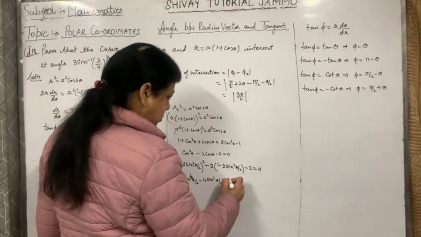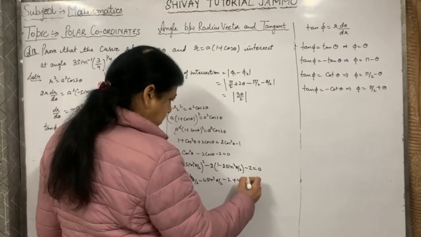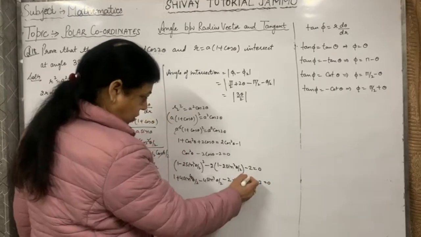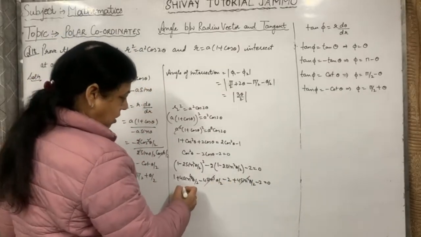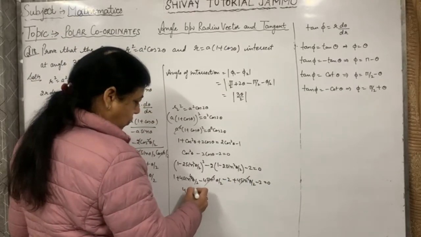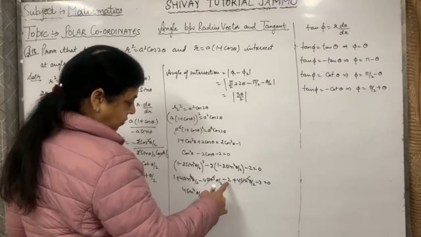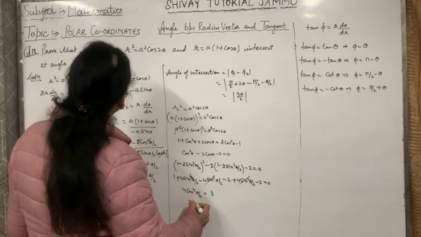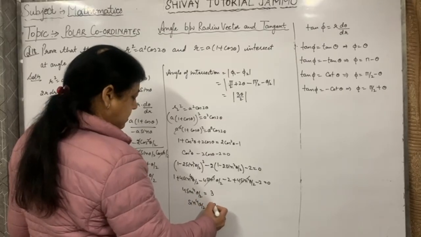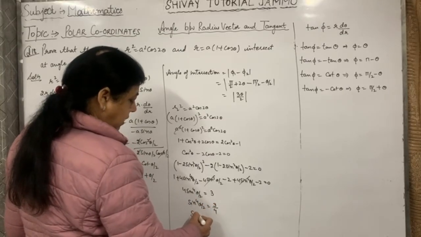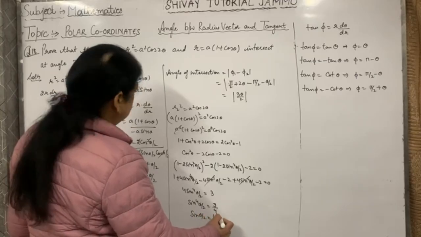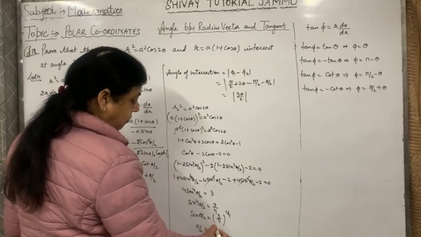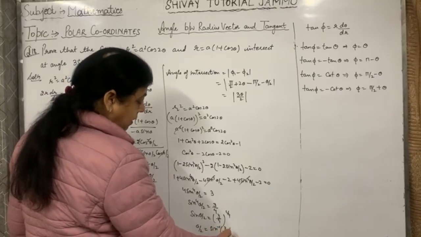This is minus 2 plus 4 sine square theta by 2 minus 2 is equal to 0. 4 sine square theta by 2 cancel. 4 sine 4 theta by 2 is equal to 4 minus 1, that is 3. So sine 4 theta by 2 is 3 by 4. So sine theta by 2 is 3 by 4 power 1 by 4. Theta by 2 is sine inverse 3 by 4 power 1 by 4.